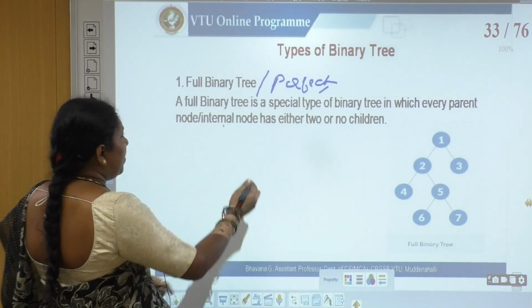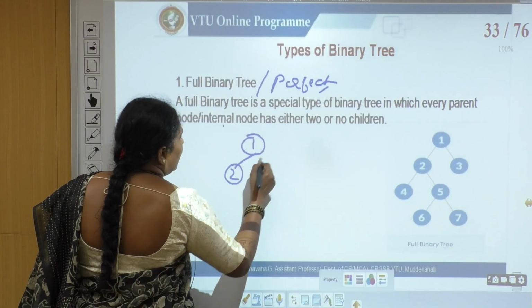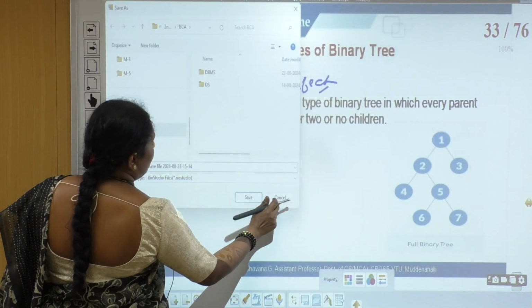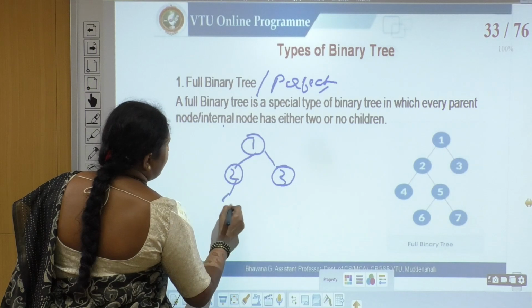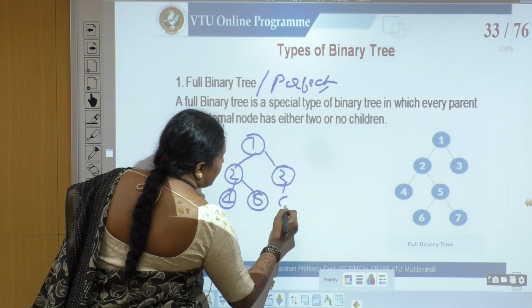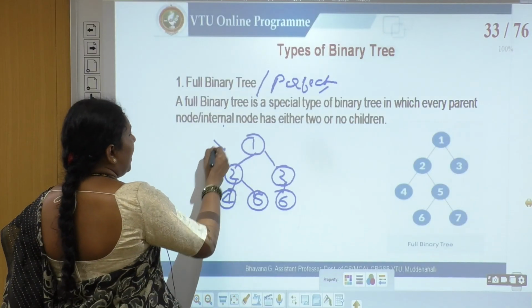So for example, if I take the same example, 1, 2, 3, sorry, this is 4, this is 5, this is 6. This is not an example of a full binary tree. Why? I will tell you.